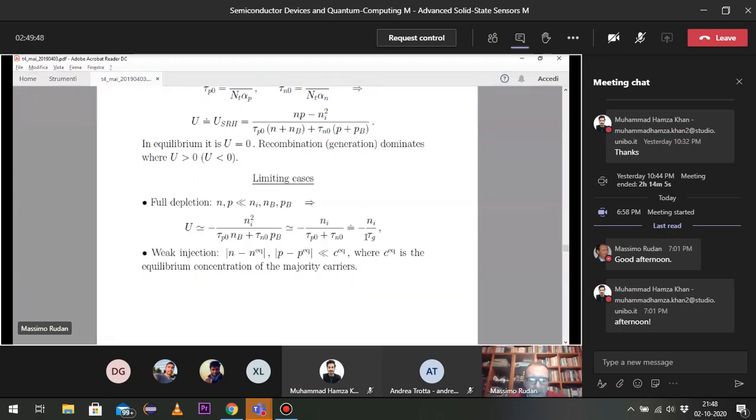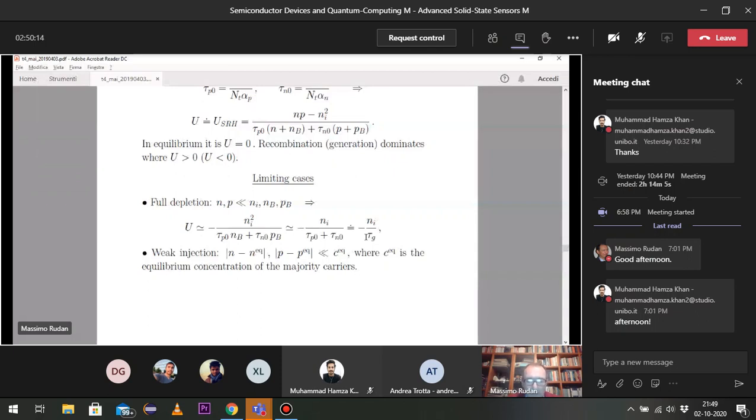The weak injection condition is this: the absolute difference between the actual concentration of the electrons and the equilibrium concentration of the electrons, and at the same time, the absolute difference between the concentration of holes and the equilibrium concentration of holes.